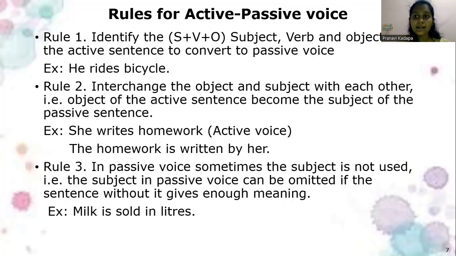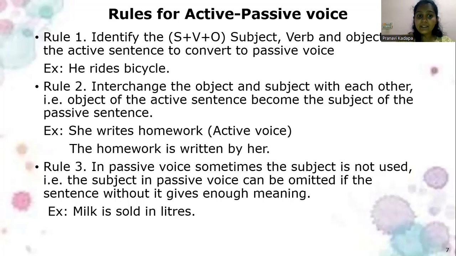For example, he rides a bicycle. Rule 2: interchange the subject and object with each other. The subject of the active sentence becomes the object place, and the object comes in the subject place. This is what we read in the passive sentence.